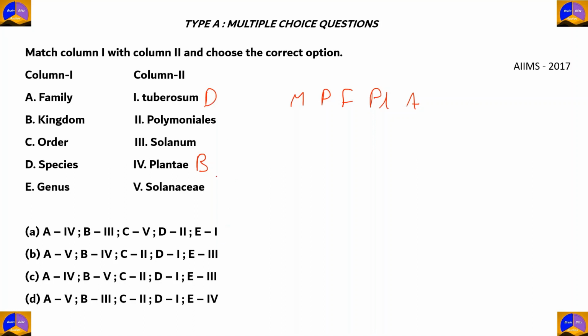Family is kingdom Plantae, so it's A4. Now, options A and C have option 4 matched to A. So B and D are incorrect. Now, among these, species is matched to tuberosum, so D1.